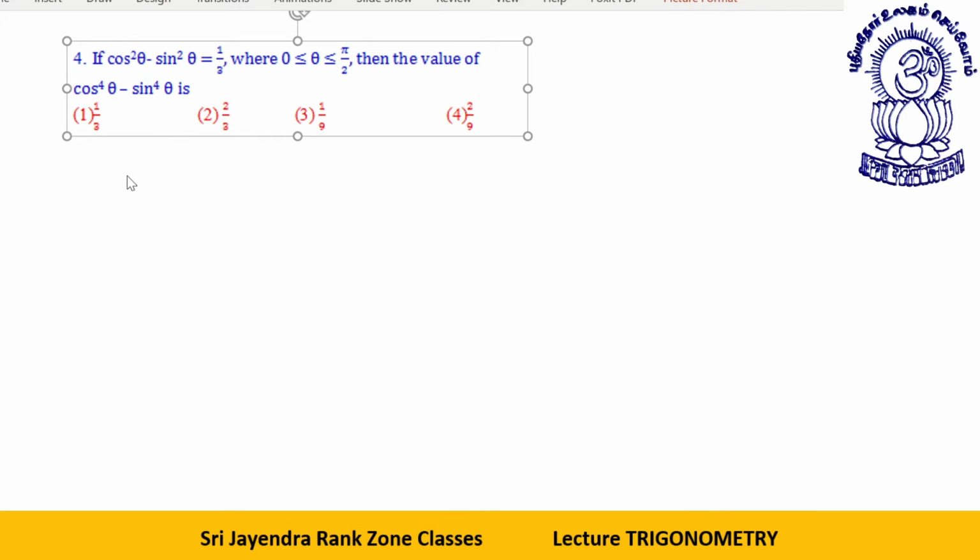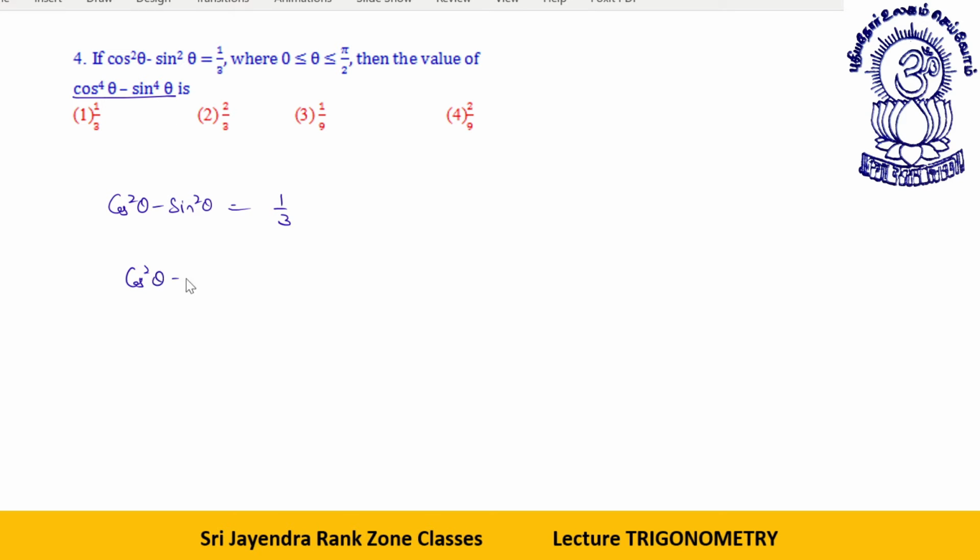Now you have cos square theta minus sine square theta is equal to 1 by 3. You are being asked to find this. This I can write as cos square theta minus sine square theta into 1 is equal to 1 by 3.